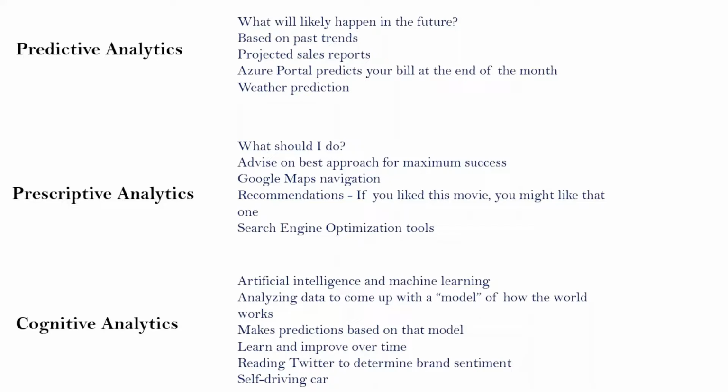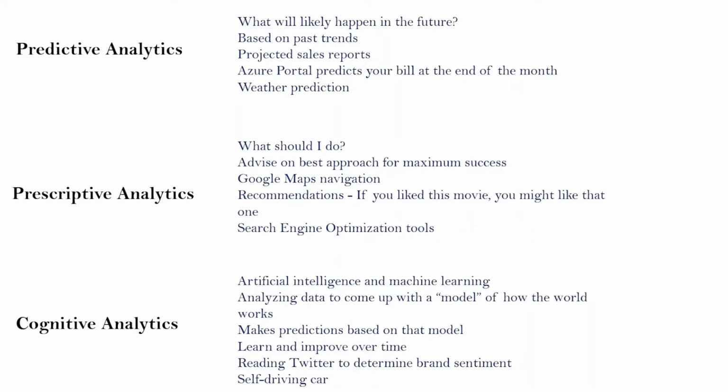They predict your bill at the end of the month, what the expected bill would be as per your services. If your data keeps growing and over the period you are opting for new services regularly, based on the trend, the data, and your behavior, they predict your bills. So those we call predictive.